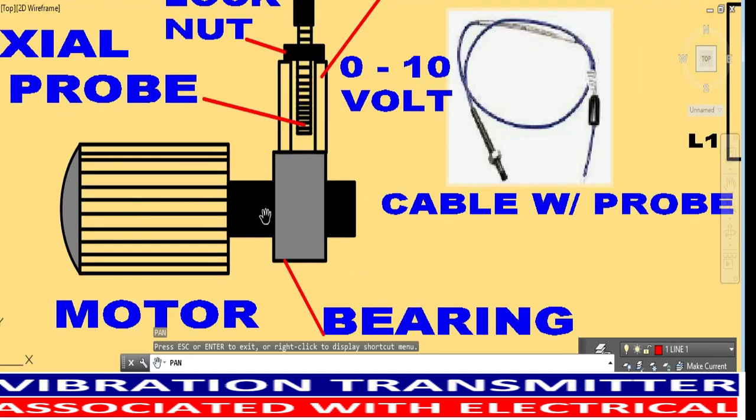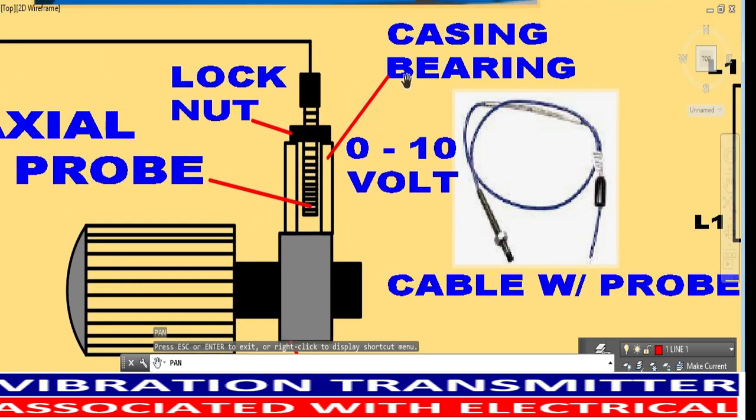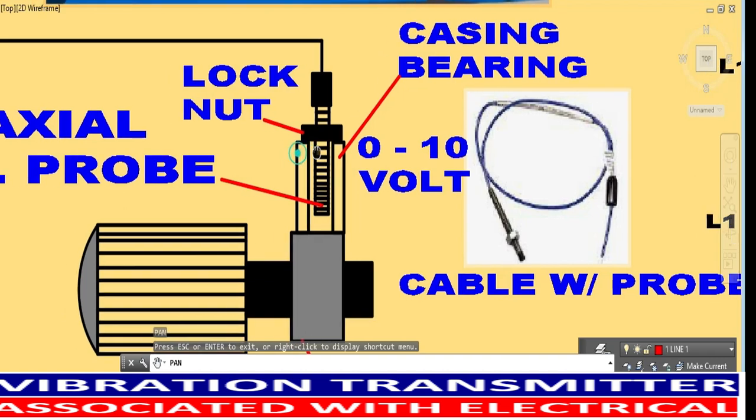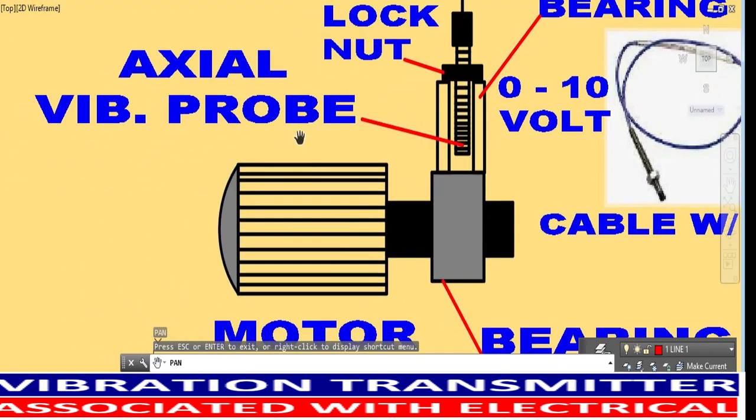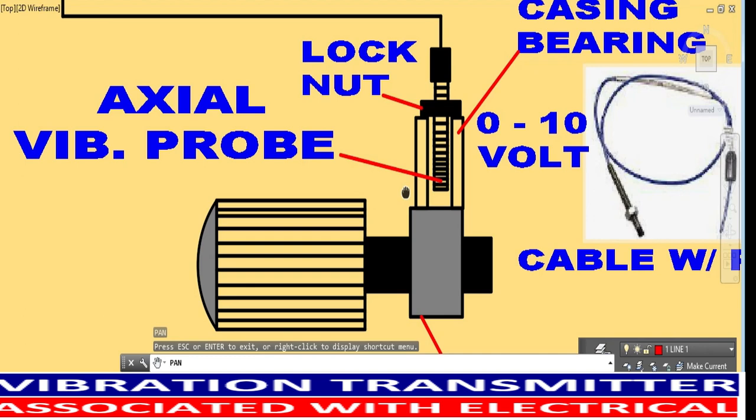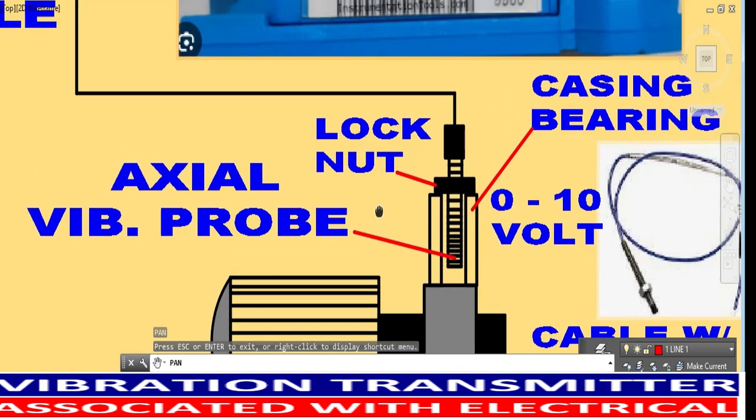In this motor, there is a rotor. This shafting is driven by the rotor of the motor. In that shafting, they provided a bearing, and on that bearing there is a vibration casing, at this point. And we have our axial vibration probe.